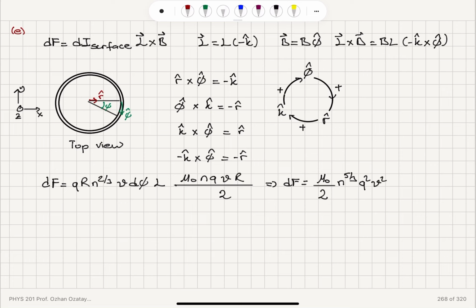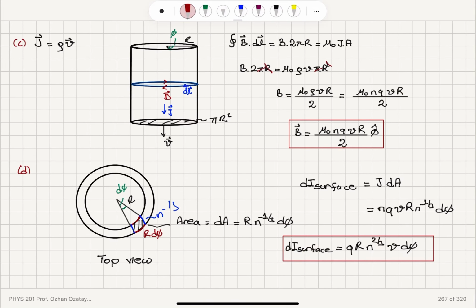Two r's, so it's going to be r squared, and there is a single L. So this is the magnitude of the force felt by this differential current segment, and it's basically pointing radially inward. It's towards the center. Let's move on to part F.